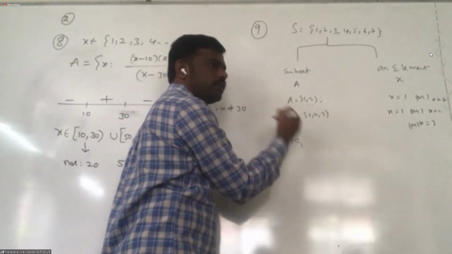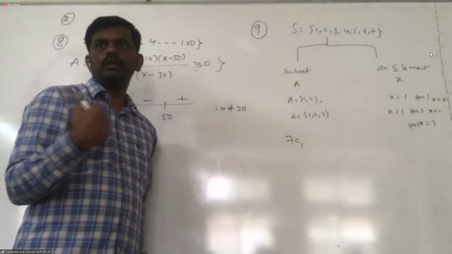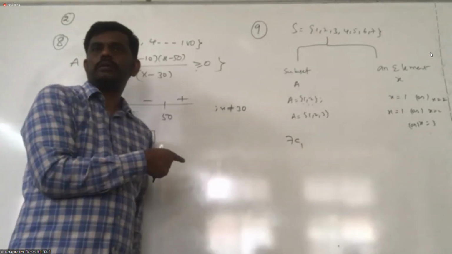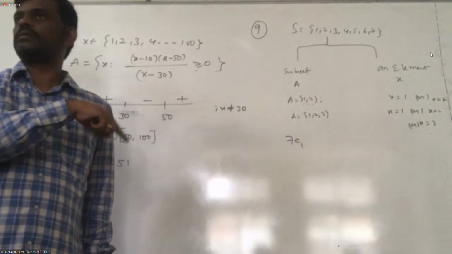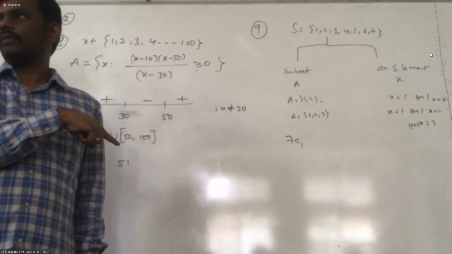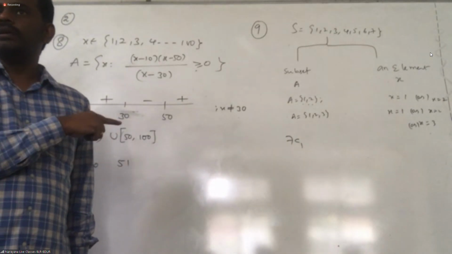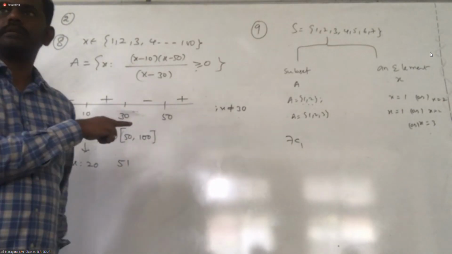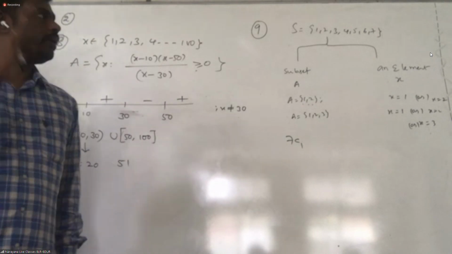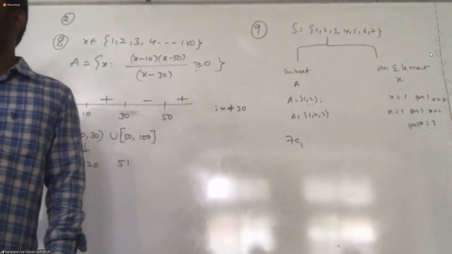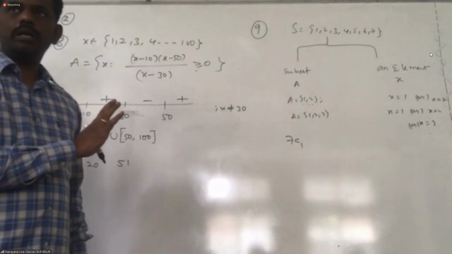So I am taking 7C1. What is this answer? 7. That means I am getting 7 sets. What are those 7 sets? Only 1, only 2, only 3, only 4, only 5, only 6 and only 7.